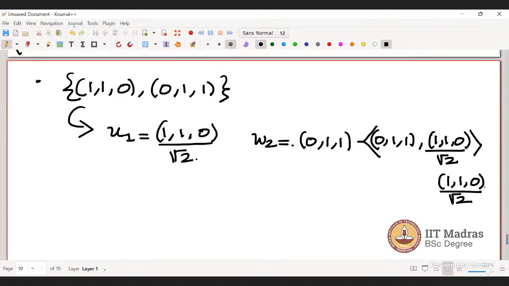So this is (0, 1, 1) minus, with the square roots taken out, what I will get is 1 by 2. The inner product is 1, right? Times (1, 1, 0).